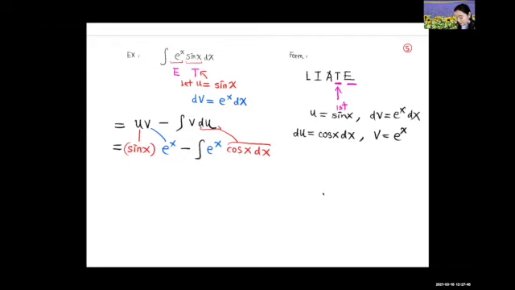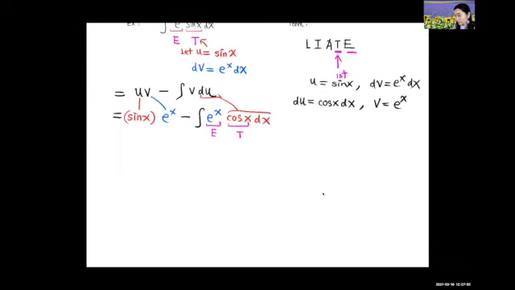For this integral, this here is exponential and this is a trig function. So we're going to let u be what? Cosine x. Yes, for this part over here, we're going to let u be cosine x, and then dv be e to the x dx. Then du will be negative sine x dx, and v is going to be what?